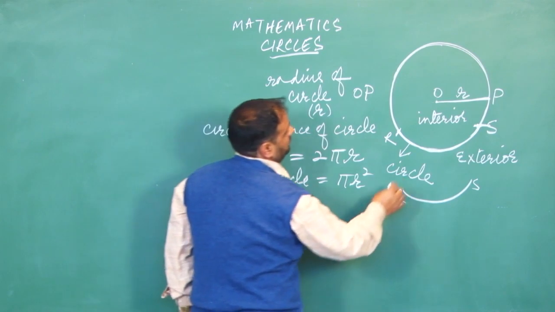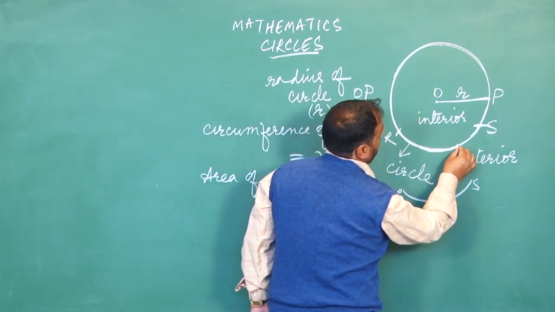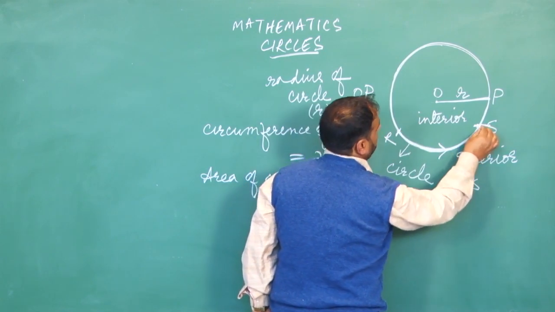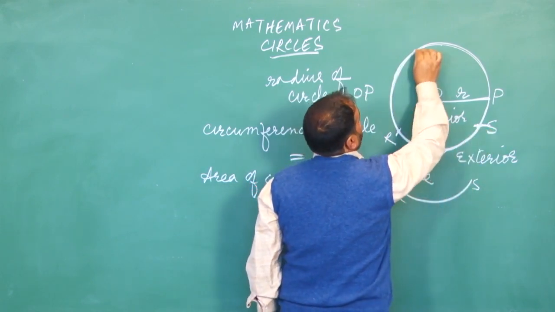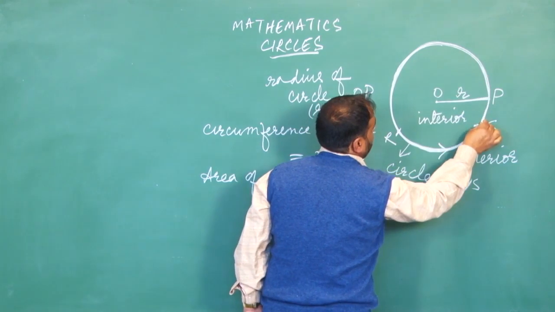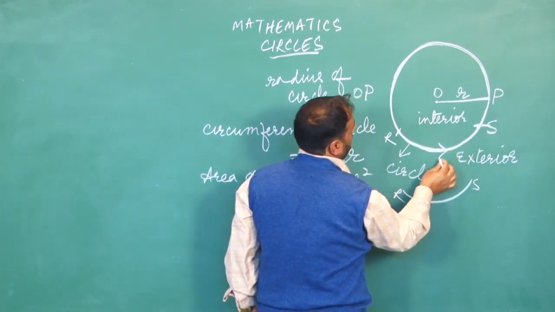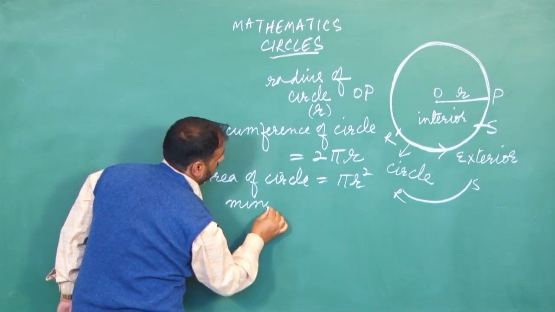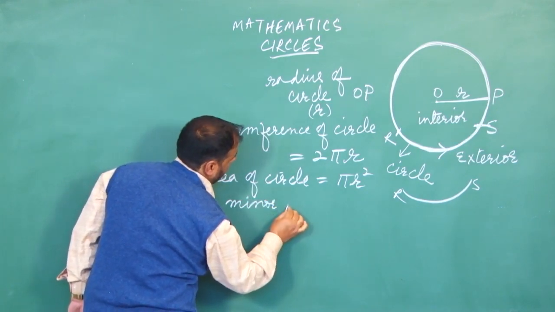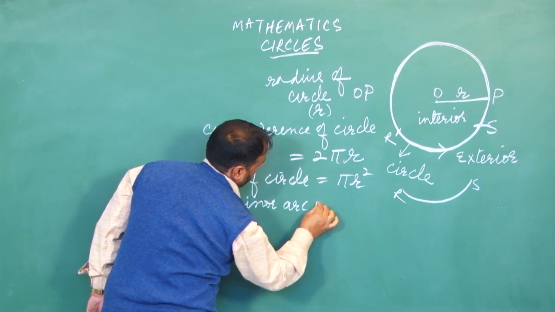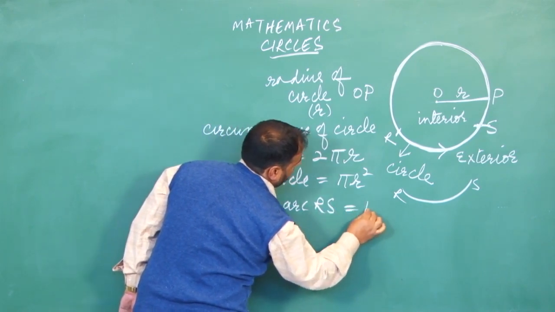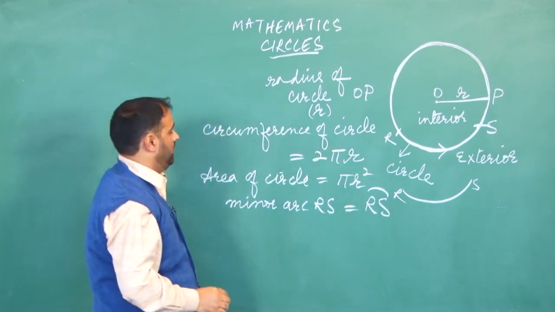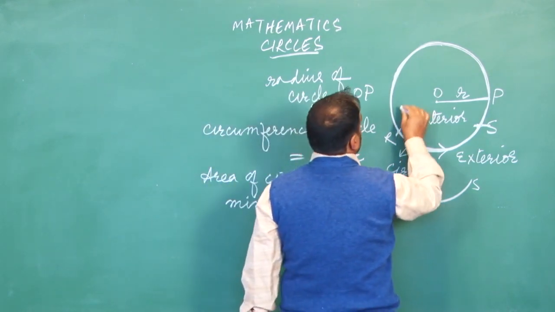Now, there can be two different arcs, one RS, that is the smaller arc, and another RS, that can be the bigger arc. The smaller arc is called the minor arc. We can say minor arc RS, or simply you can write it as RS with the arc symbol on it. And there is another one.